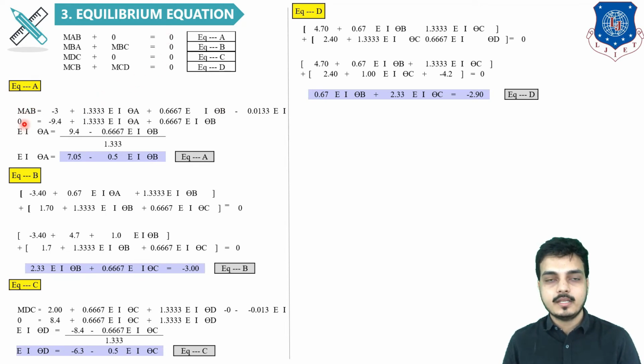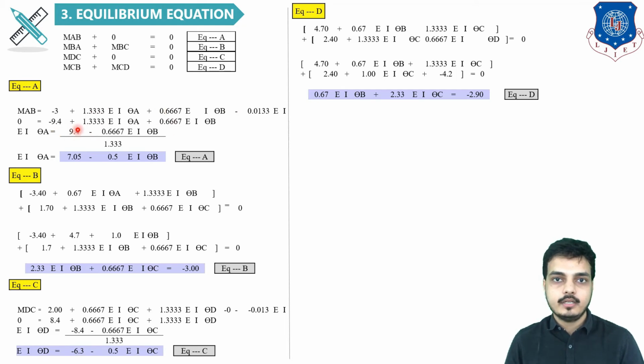So I have placed 0 in the place of MAB. Then solving this, now how this minus 9.4 came: I have multiplied the EI value with this. The EI value is given in the question, so I have kept it over here, multiplied with 0.0133, and then the two constants I have solved out will be minus 9.4 and the remaining values as they are.